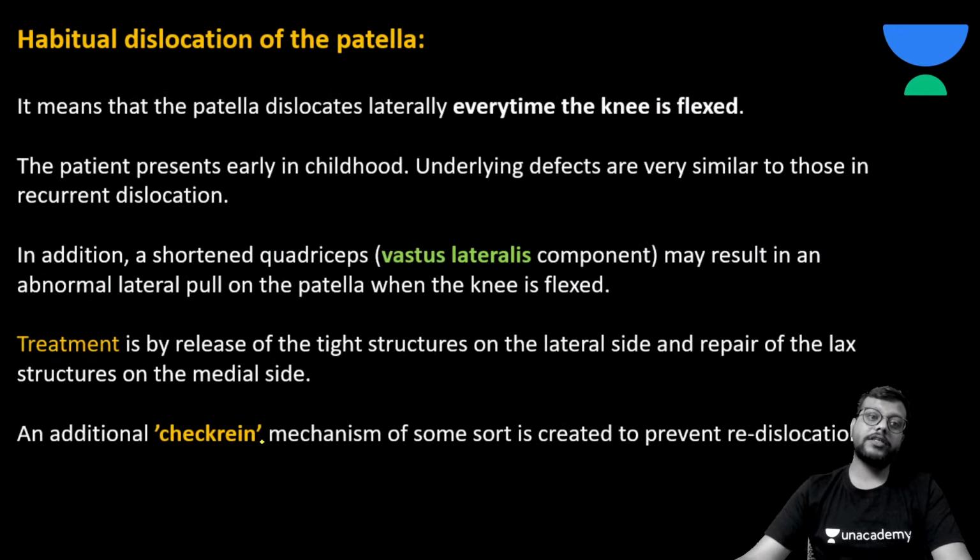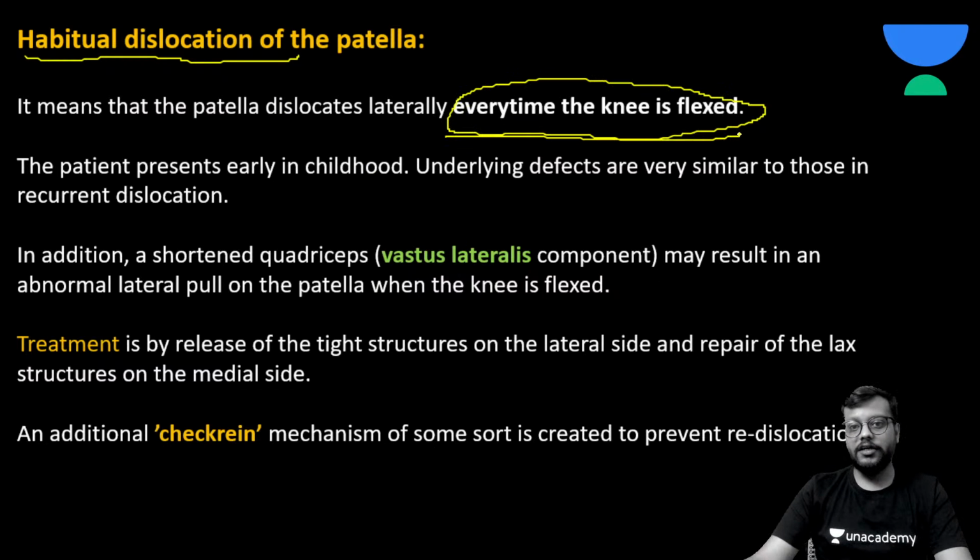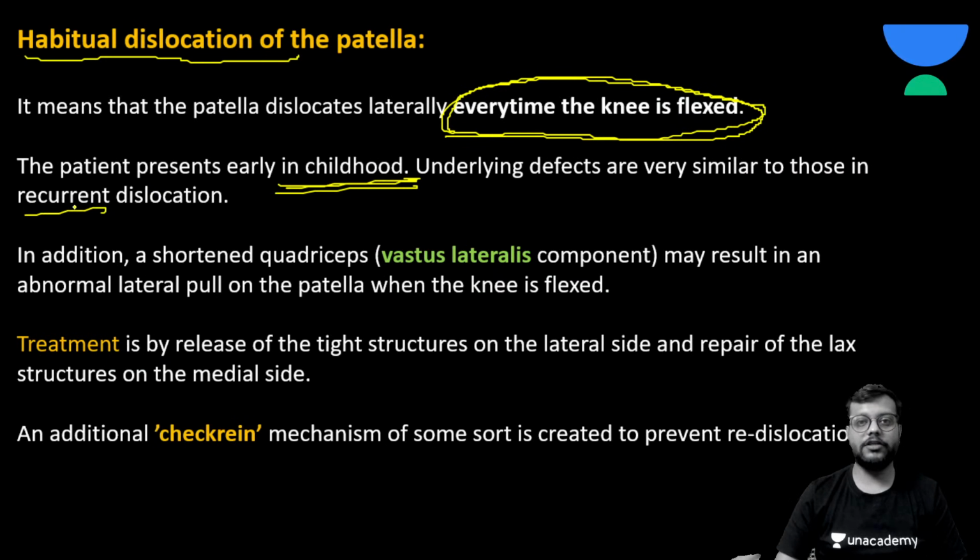Okay, now what is habitual dislocation? As we have discussed, whenever you flex the knee, the patella will get dislocated. This is called habitual dislocation, and it generally occurs in young adults and children, and the etiology is the same as that of recurrent dislocation, that is ligament laxity, genu valgum, patella alta and small patella.